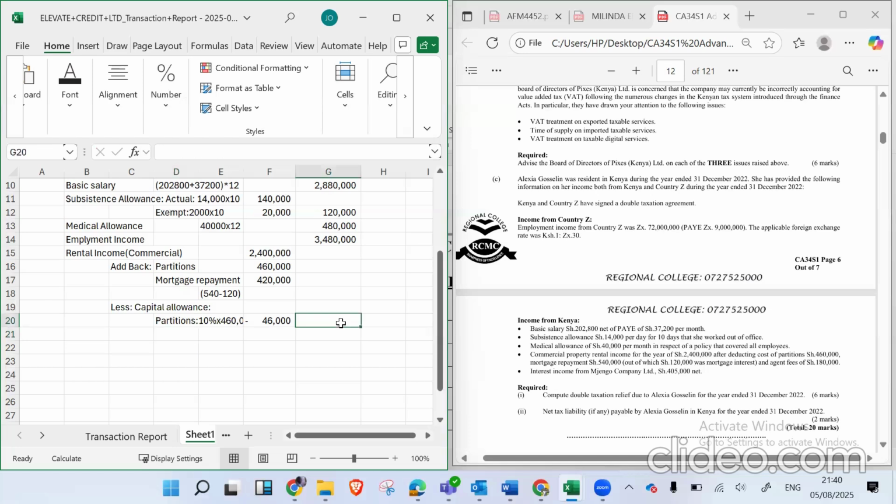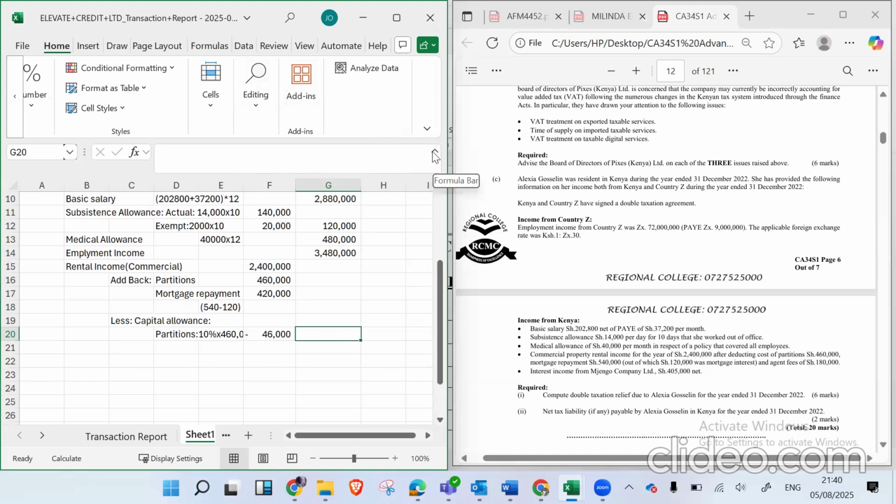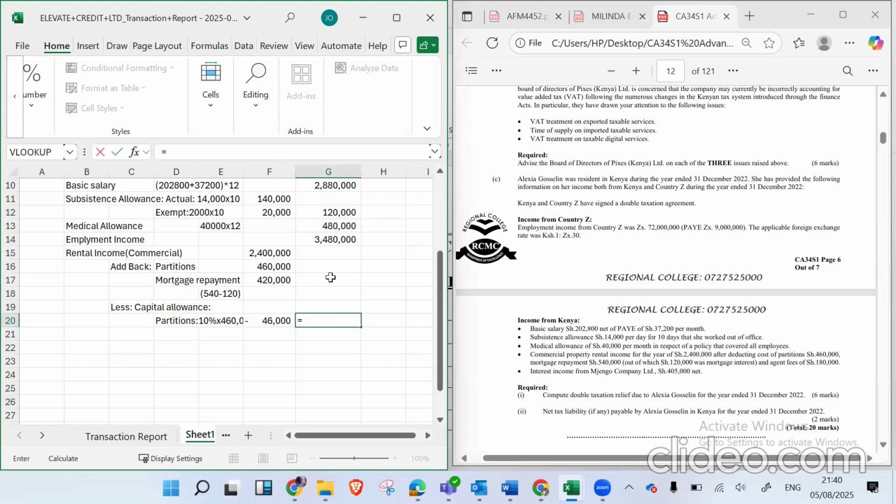So you have the rental income, which equals the sum of these. That's for rental income.